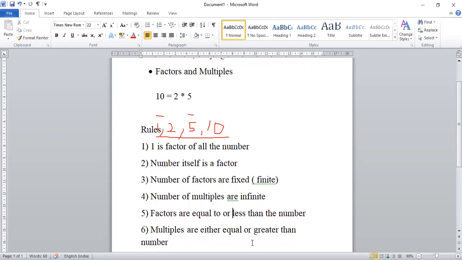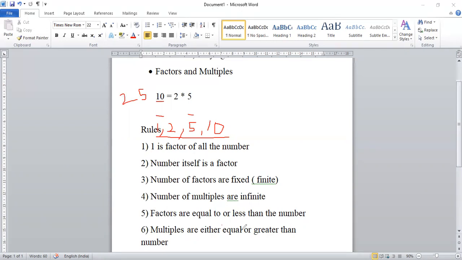See, 10 is a multiple of 2 and 5, what I had told you. 10 is a multiple of 1, 2 and 5. So whatever the number, the multiples are either equal to or greater than the number. See, 10 is greater than 2. So whatever the multiple, we are getting a number greater than or equal to the number.